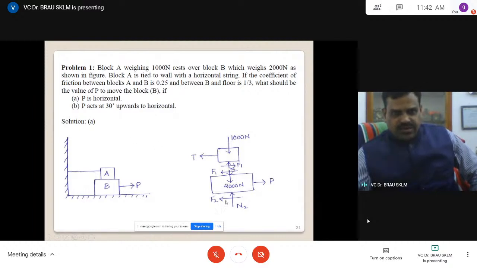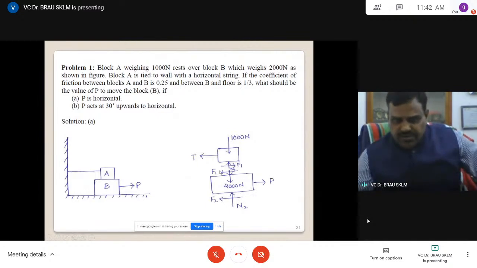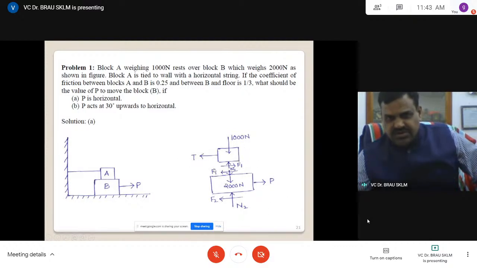F2 and N2 we have to determine. Friction is given as mu times normal reaction. That means normal reaction and P are the unknowns. Two unknowns are there because F1 is a known quantity. For block A, the two unknowns were N1 and T, with F1 equal to mu times N1. Two unknowns, two equations. Similarly here also, the system must finally consist of only two unknowns.